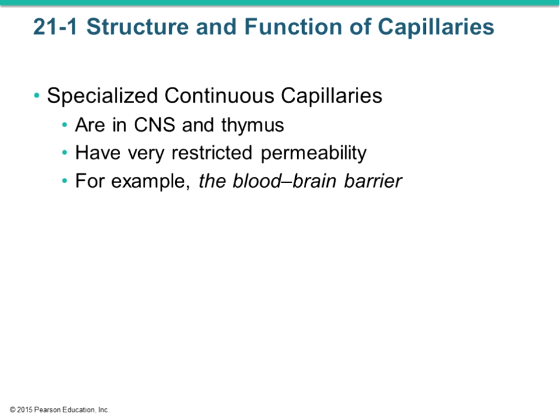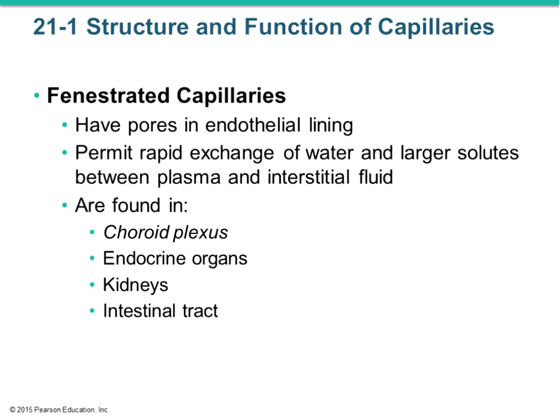So it's very common in the body to see these continuous capillaries, right? There are specialized continuous capillaries, like in the central nervous system. We talked about the blood-brain barrier, right? How they are very selective and only allow certain things to cross over.